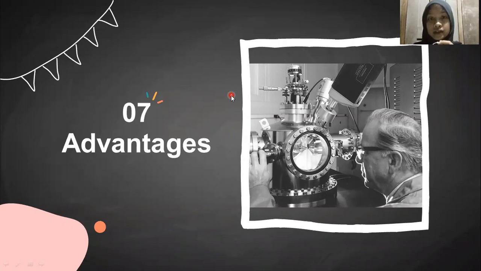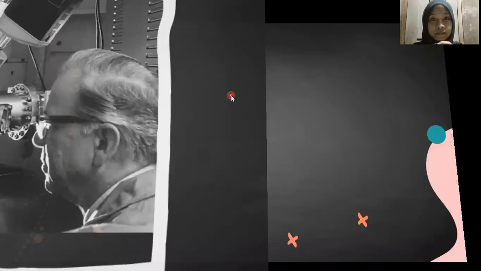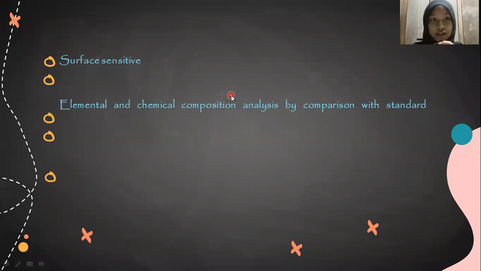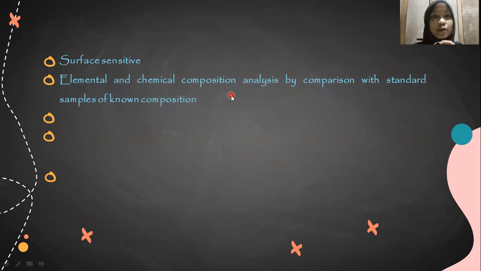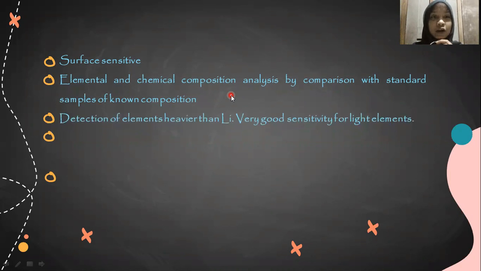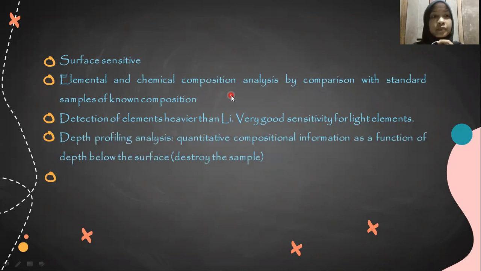And the advantages of AES itself are: surface sensitive, elemental and chemical composition analysis by comparison with standard samples of known composition, detection of elements heavier than Li, very good sensitivity for light elements.